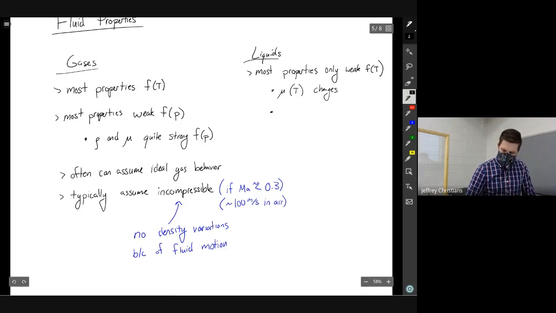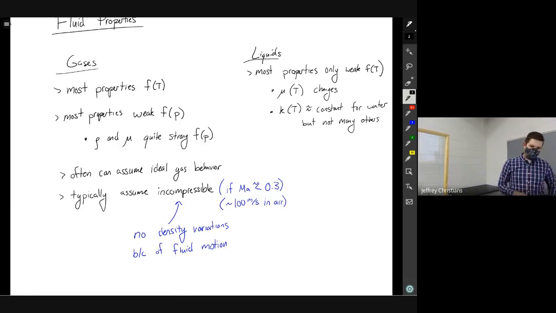The other potential exception is thermal conductivity, which is about constant for water. But not all fluids. There are fluids where the thermal conductivity does change with temperature.